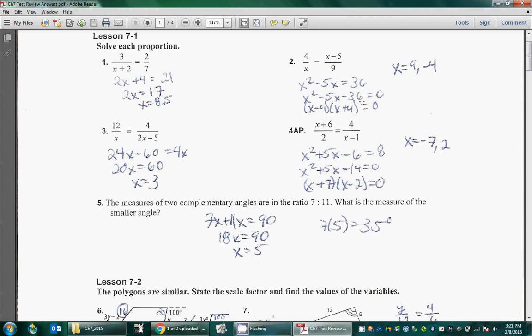So now I've got to look, what two numbers multiply to get me to the last, which is negative 36, but add to get me to the center number. So in this case, the only options are negative 9 and positive 4. So remember, once you've factored, you got to set each piece equal to 0. So x minus 9 equals 0, so that means x would have to be 9.